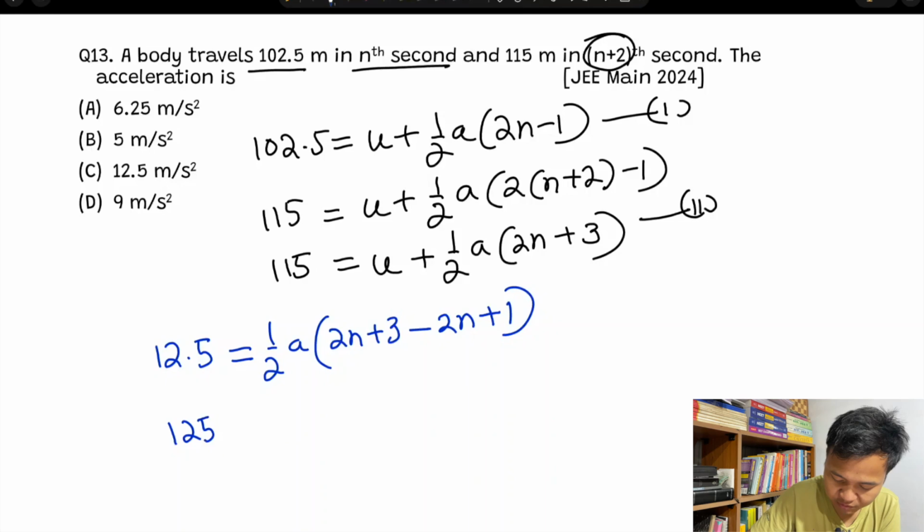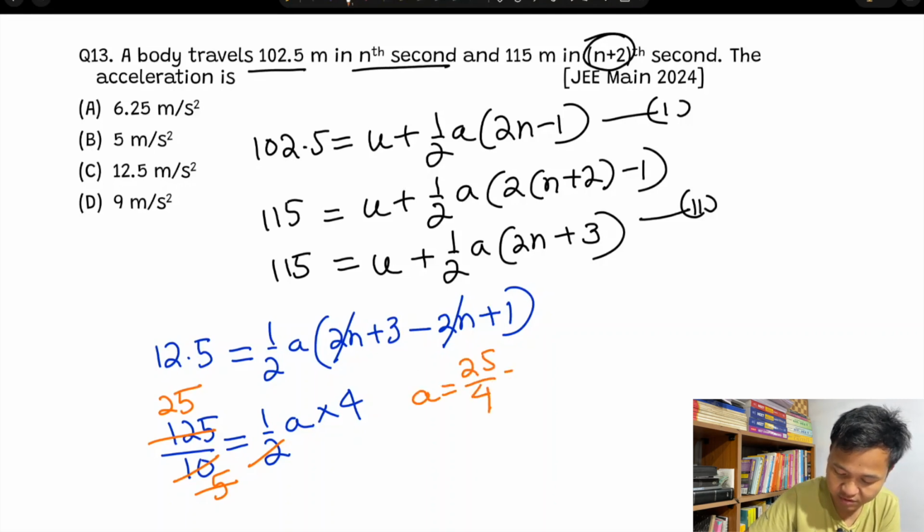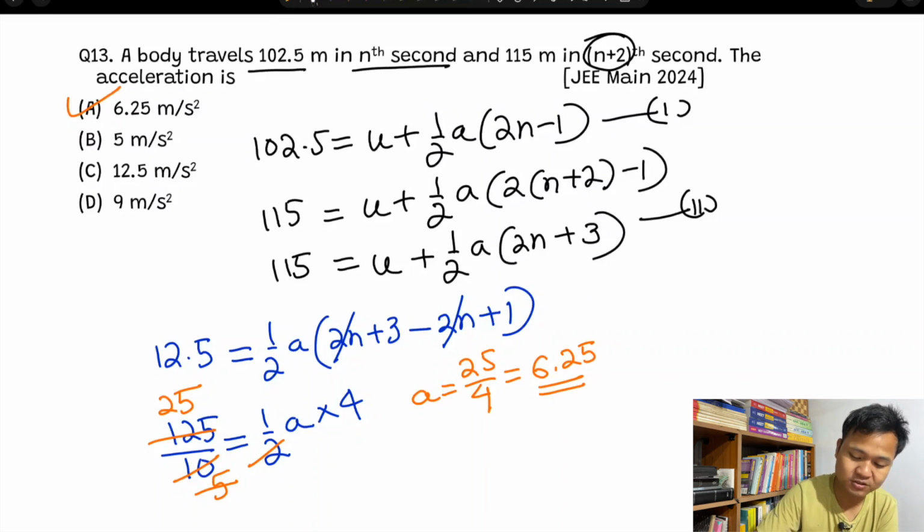So I can write this as 125 by 10, remove the decimal point, half a into, 2n and 2n get cancelled out, 3 plus 1 is 4. So how much is this? 5 twos are 10, 5 fives are 25. So it is 25 by 4. 4 sixes are 24, 4 twos are 8, so 6.25. Okay, so that is your answer.